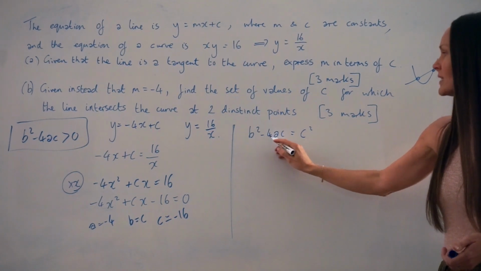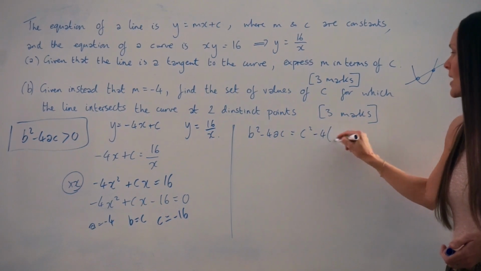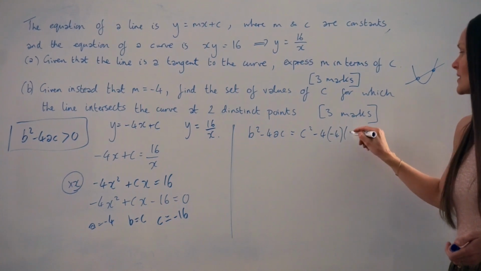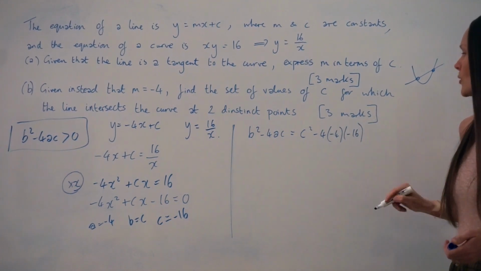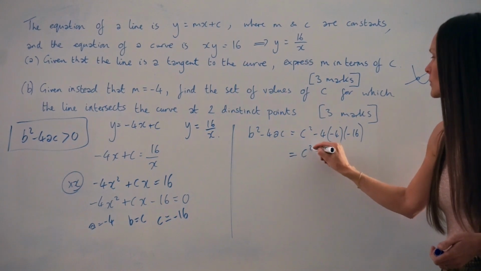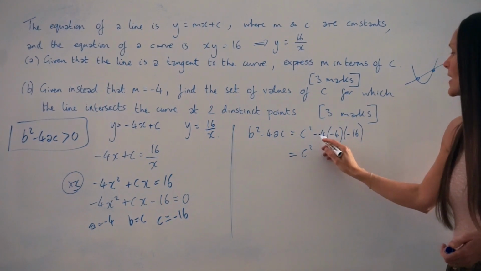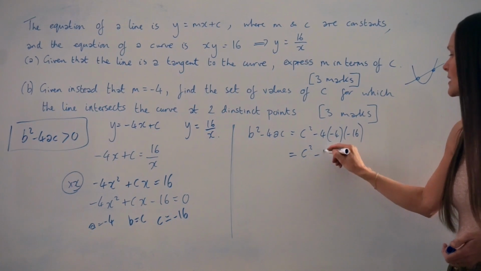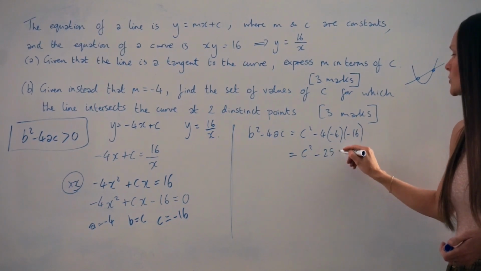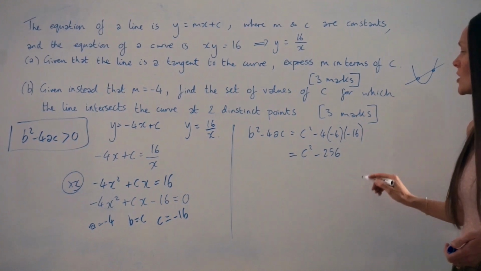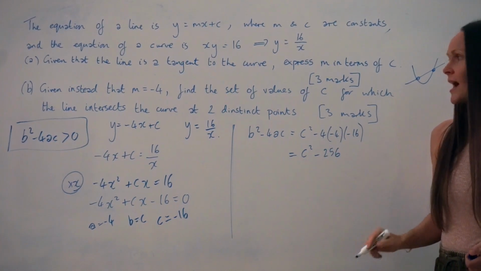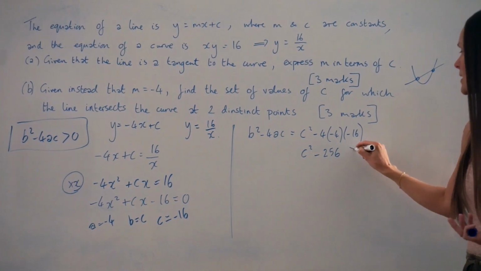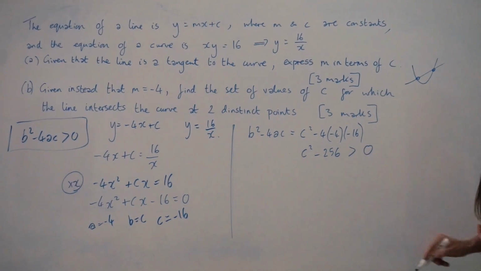Then we've got minus 4, multiplying by a, which is negative 4, and c, which is negative 16. Now I'm just going to work out what this comes to. Negative 4 times negative 4 is 16, and if I times 16 by negative 16, I have negative 256. Okay, so this is the discriminant, and remember it's positive, so this has to be greater than 0.